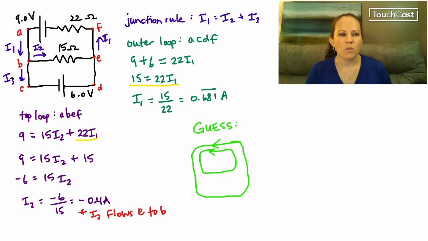But what's actually happening is not going to be that the 9-volt battery is driving the current through that middle branch. It's going to be the 6-volt battery driving current through the middle branch like so. But then we still have our outer loop like so.